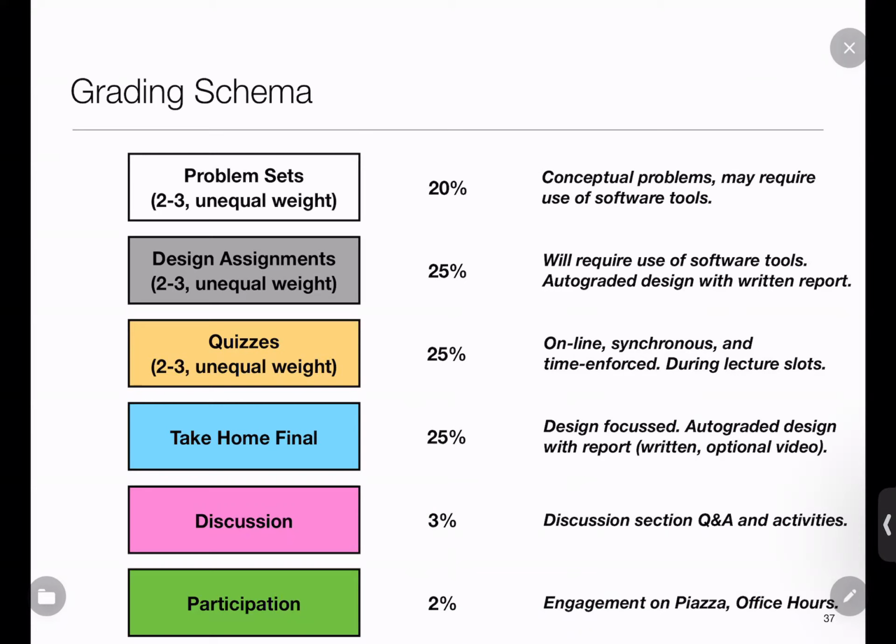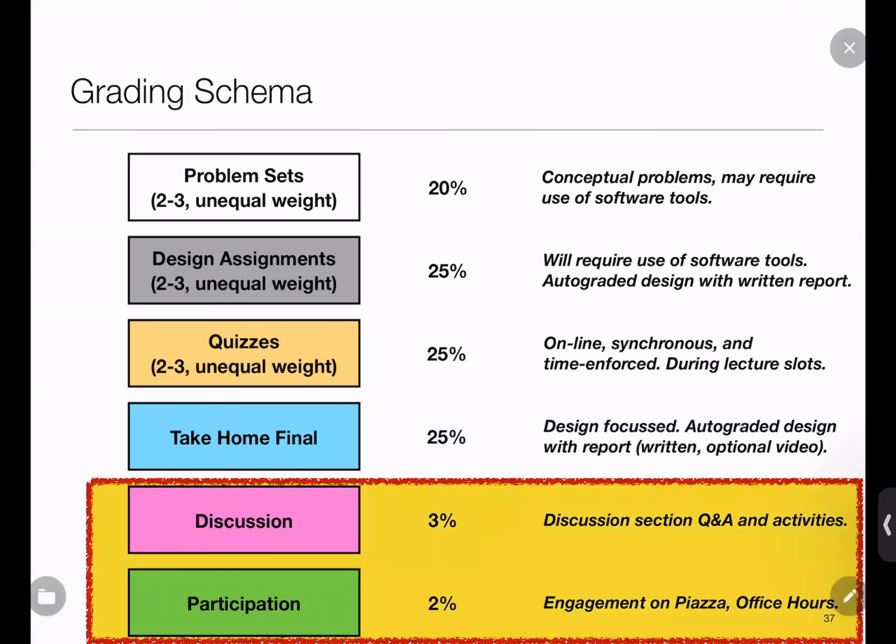Every discussion section has an associated activity, and you are supposed to do it. We grade it more liberally, in the sense that it's more about doing it as opposed to forcing you to, so that you keep up with the course. Participation is your participation on Piazza and office hours. We track these and we assign scores based on that.